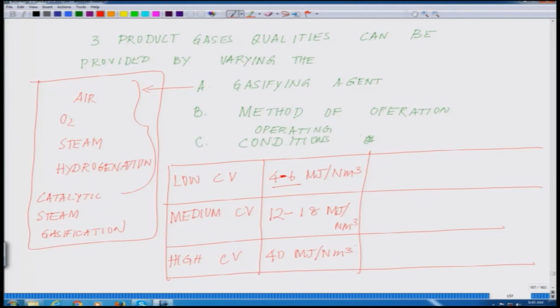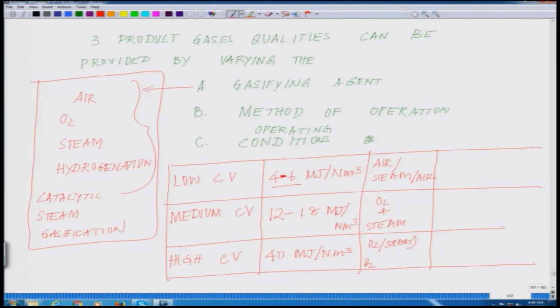And in terms of the utility, before we get to the utility, what are the different kinds of gasifying agents which are used? Here you are using air, steam slash air. Okay. Here you are using oxygen and steam. Here you are using oxygen, steam and hydrogen, or hydrogenation, what you are doing.